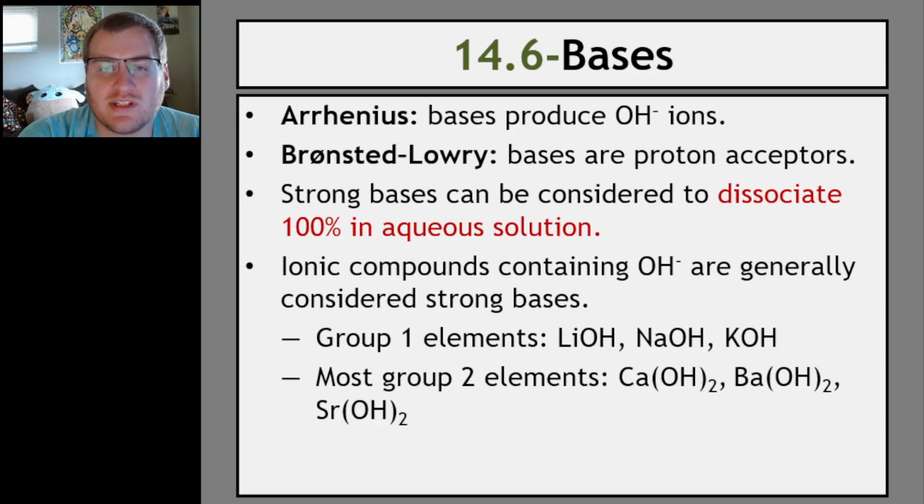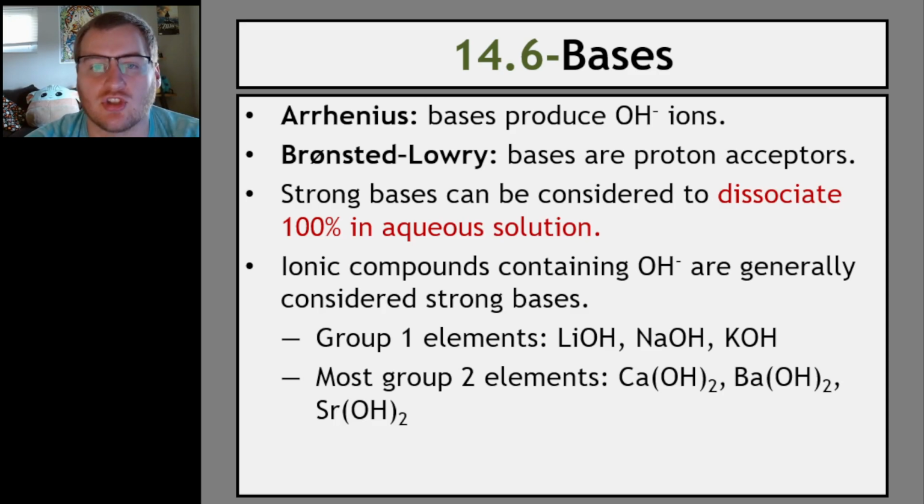Strong bases, just like strong acids, can be considered to dissociate 100% in aqueous solutions, or another way to say that would be to accept protons 100% of the time in solutions. Ionic compounds containing OH minus are generally considered strong bases. So all the group 1 elements, when combined with hydroxide, are strong bases.